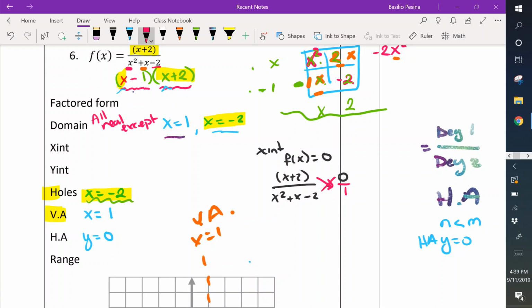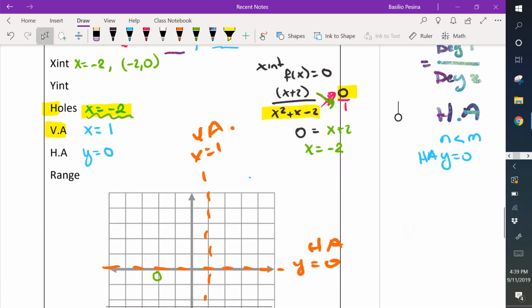We cross multiply. The denominator times 0, any number times 0, is just 0, is equal to x plus 2 times 1, which is just this. So I'm solving for this, and this will give me my x-intercept. X is equal to negative 2. As a coordinate, this is written as negative 2 and 0. We plot that.